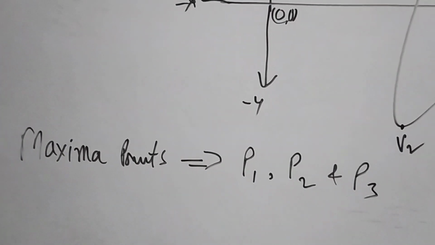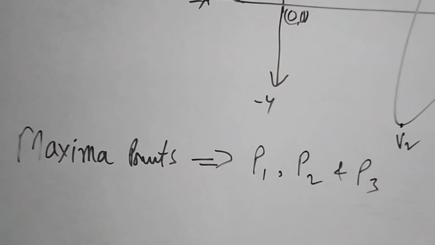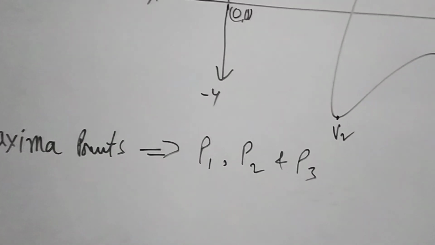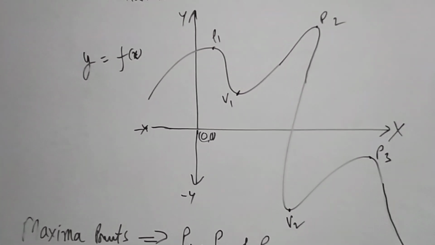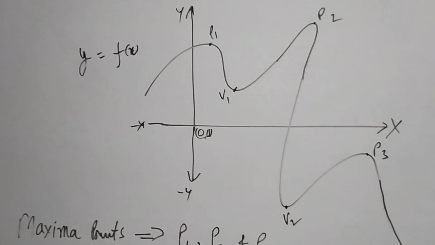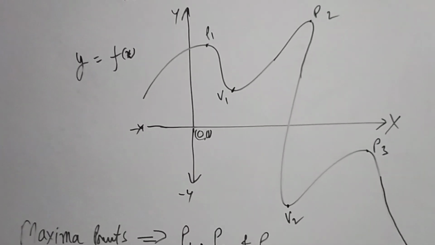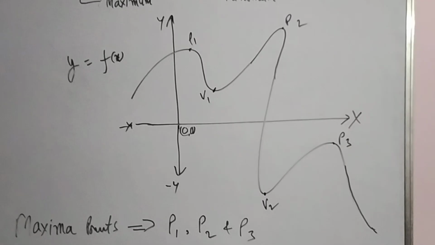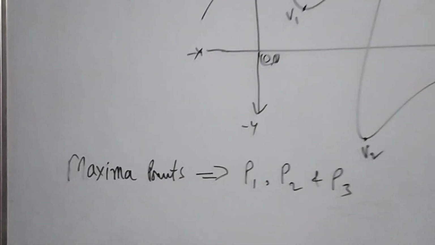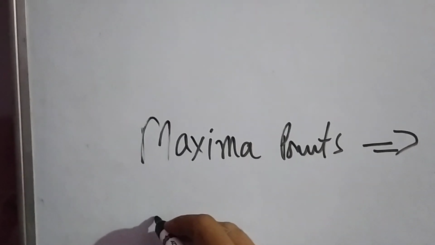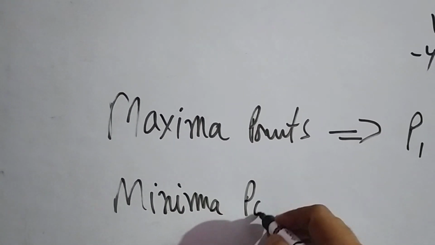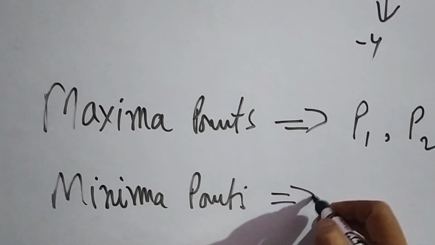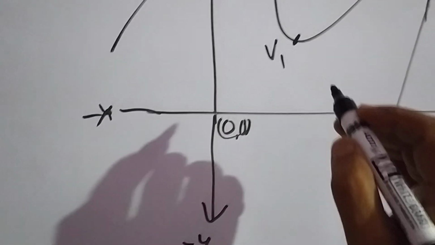So don't get confused with the maximum point or maximum height point. The point which is at the highest level in the curve may not be the only maxima. All the peaks are called maxima in a curve. Similarly, valley points, that means minima points, are V1 and V2.